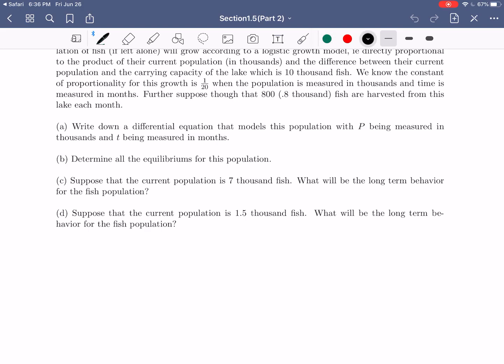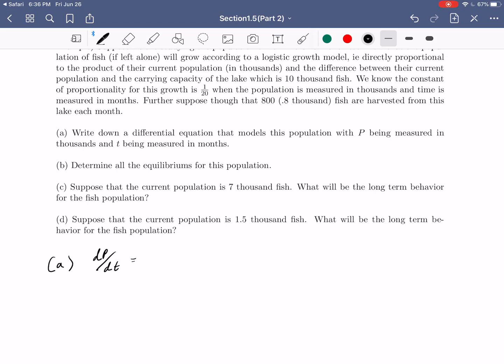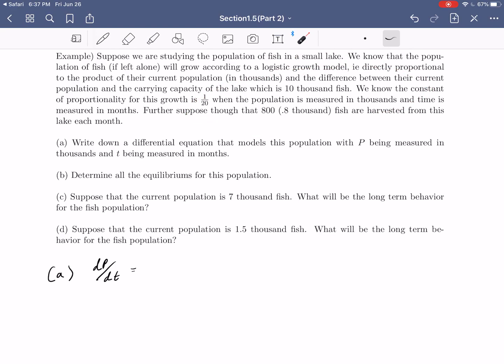So let's go ahead and start by trying to build a differential equation for this. So for part A, we want dP/dt, the change in the population with respect to time, and we'll just try to read through this and translate all this information into some mathematical statements. So we know that they follow this logistic growth model, so they're directly proportional to the product of their current population and the difference between their current population and the carrying capacity.